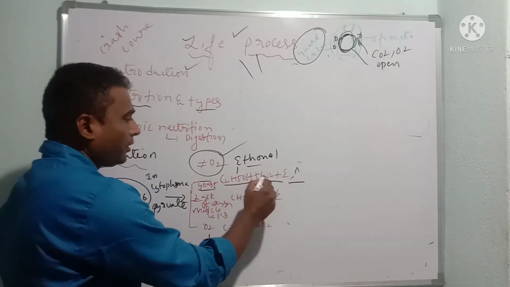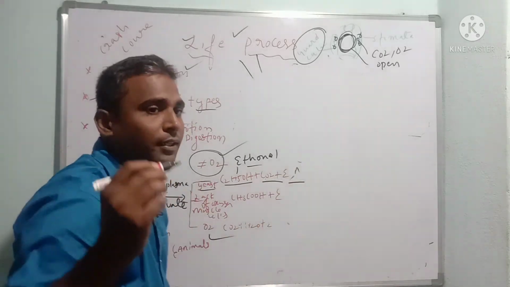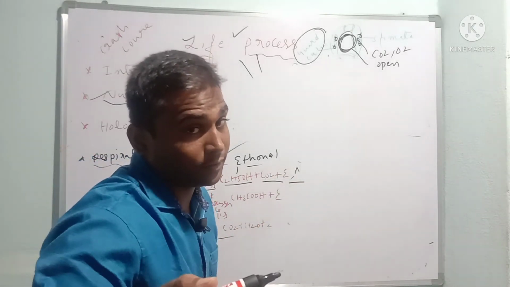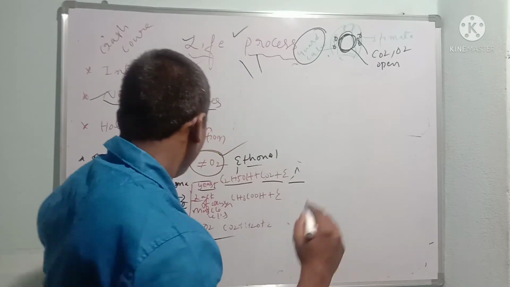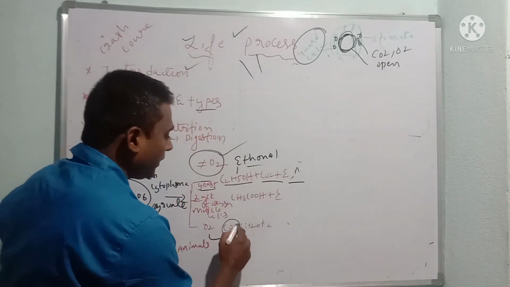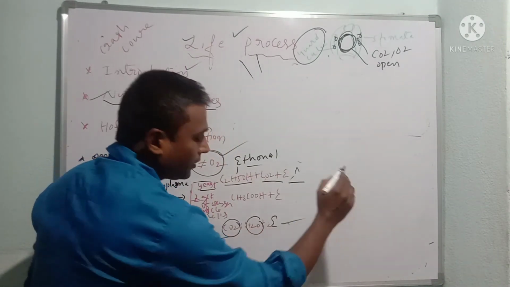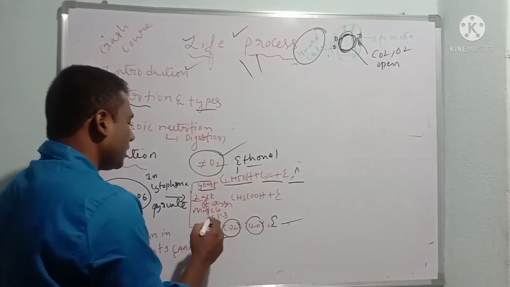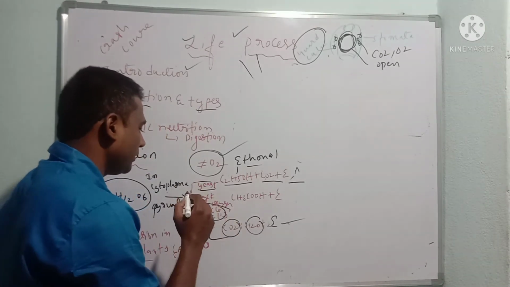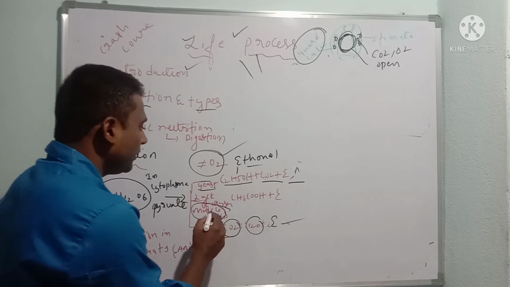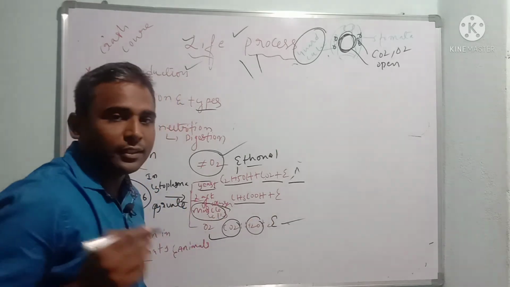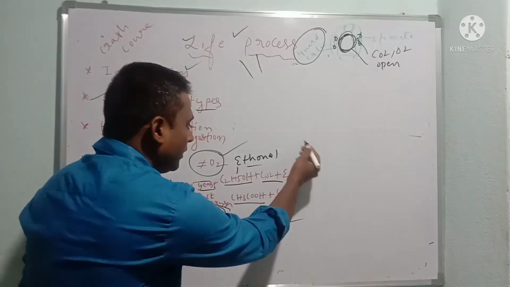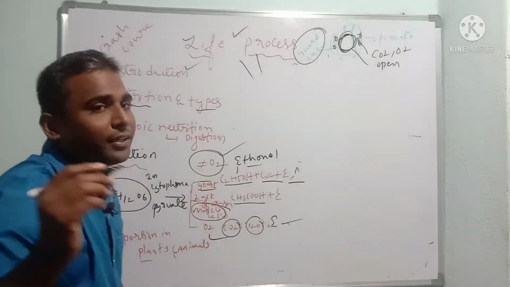So in anaerobic respiration, in the absence of oxygen, we get ethanol, carbon dioxide plus energy. Aerobic means what? Carbon dioxide, water and energy. But in the lack of oxygen, in the case of muscles, it is going to produce lactic acid and energy. This is all about respiration.